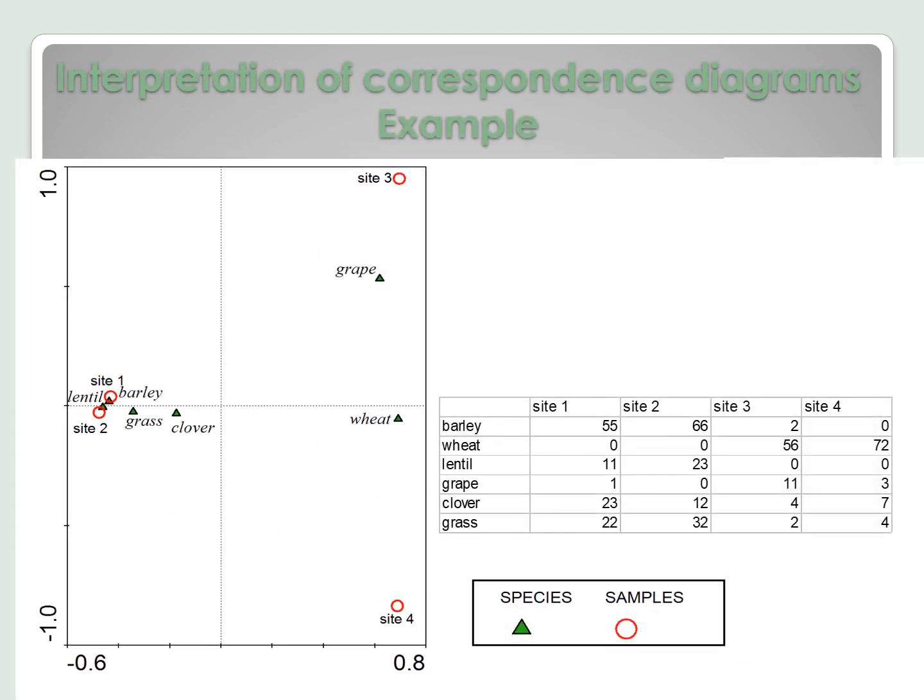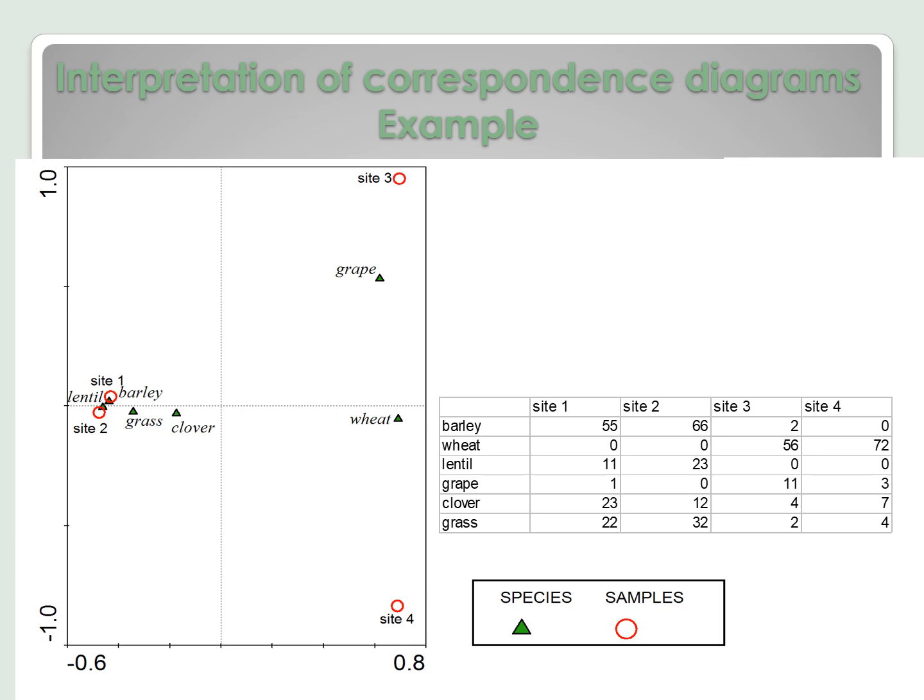Here is a simplified example demonstrating how the raw data in the table is represented in a correspondence plot. Again, the principle behind the diagrams is that they represent simplified two-dimensional figures of an originally multidimensional quality of the data clustering. The ordination technique arranges the samples along the axis according to the spectra and number of taxa.